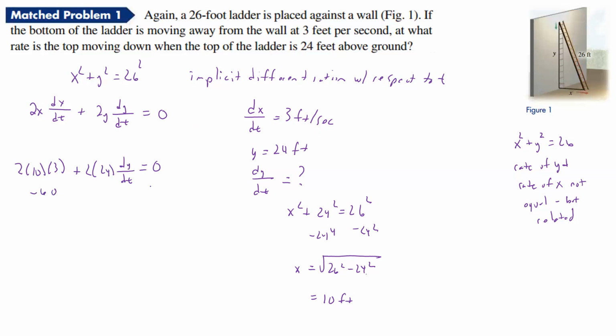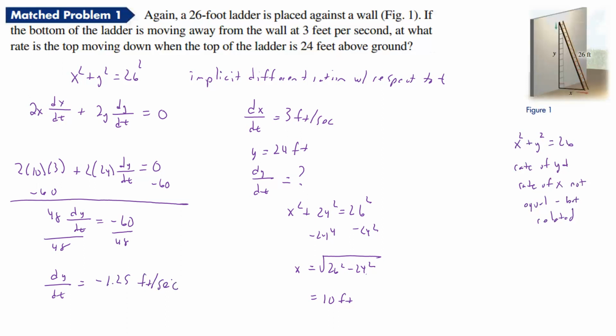Subtract 60 from both sides, and we get 48 dy/dt equals negative 60. Divide by 48. And so dy/dt is going to be negative 1.25, and our units are going to be feet per second.